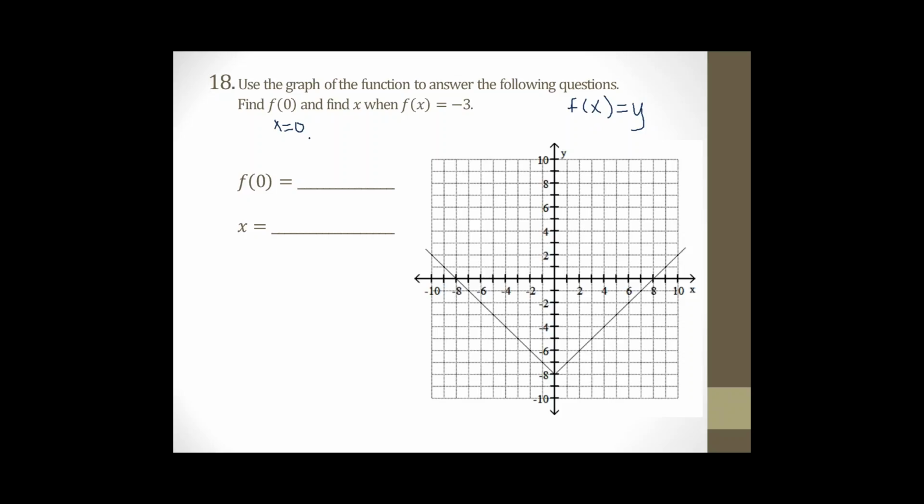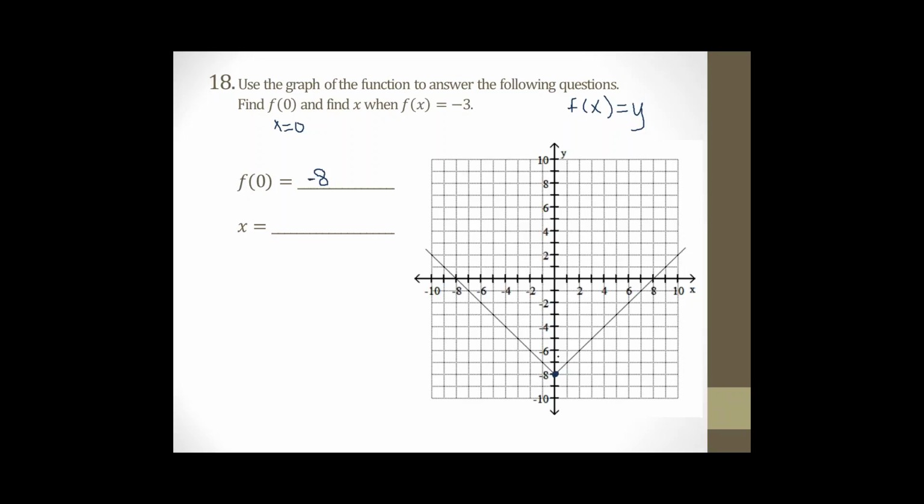what is my y? So if we look at our x-axis here, let's go to where x is 0. That's here. So where is my function? The y value is at -8. So when f of 0, when x is 0, my y is -8, sorry. -8.